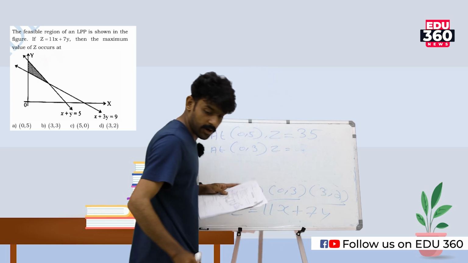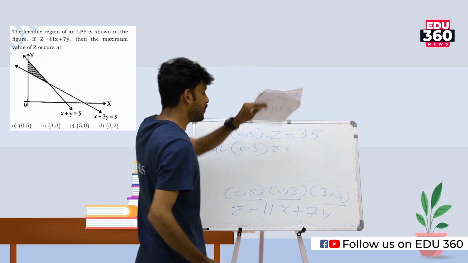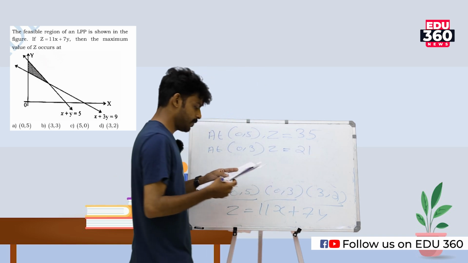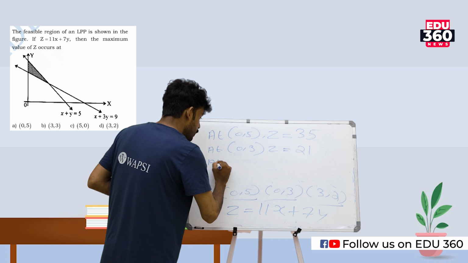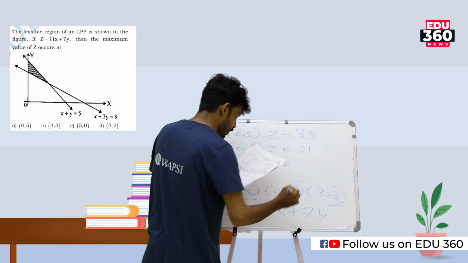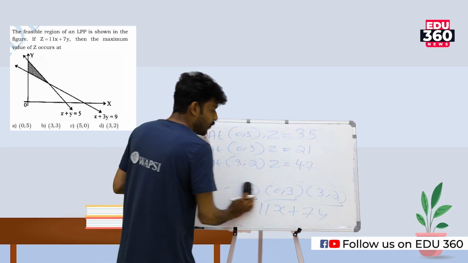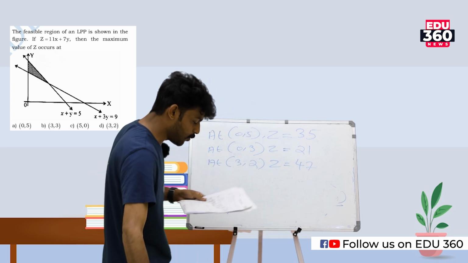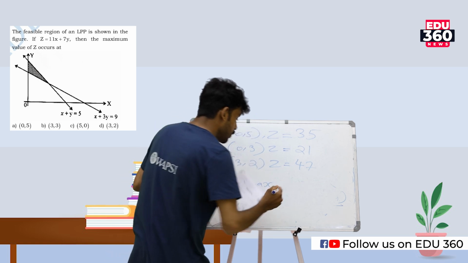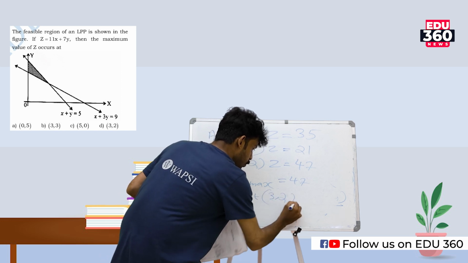And at 3, 2, the value of Z is equal to 47. So Z maximum is equal to 47, which occurs at 3, 2.